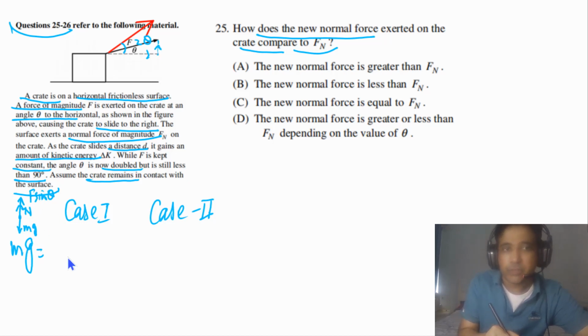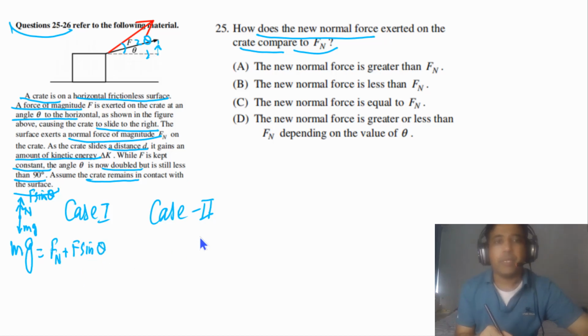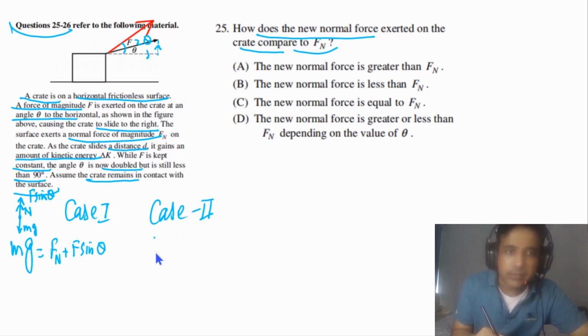The normal reaction force is also acting upwards. So in this case, mg is equal to Fn plus F sine theta. In the second case, also mg is equal to Fn new, plus we have F sine theta.